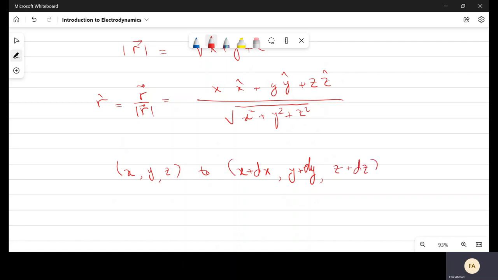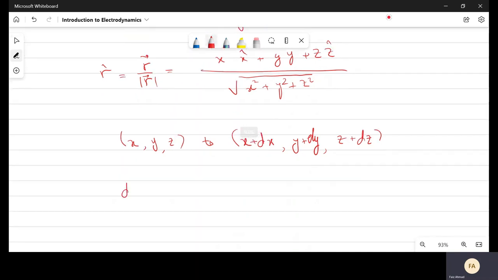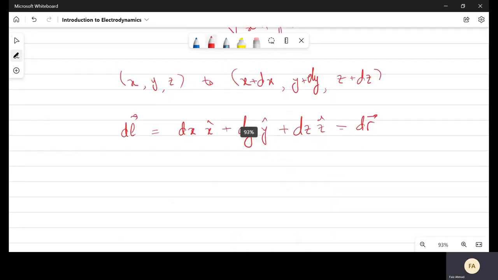This is a small displacement vector, and we can express it as dl equals dx x unit vector plus dy y unit vector plus dz z unit vector, and sometimes we express it as dr. This is when we have only one point in 3-dimensional space.